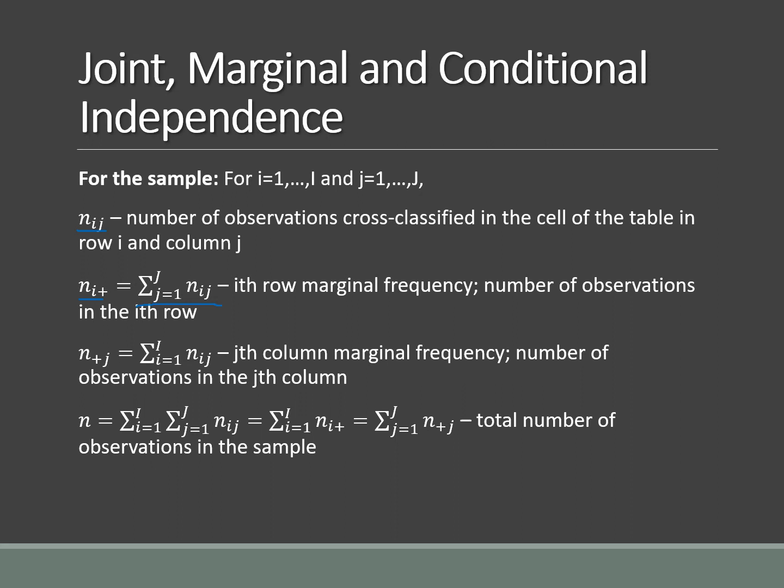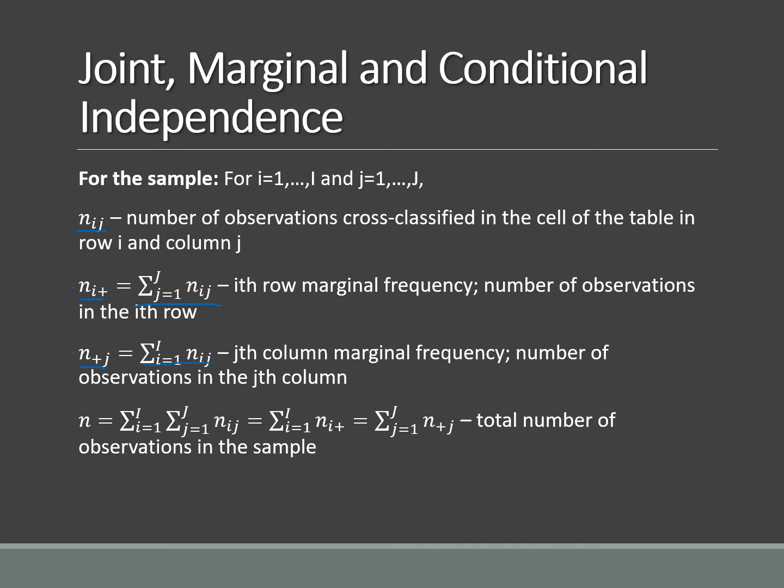If you sum those, then it would be the marginal row frequency. Then, consequently, we have n plus j, which is the sum in a column. Okay, so ni plus is the sum in a row, n plus j is the sum in a column.